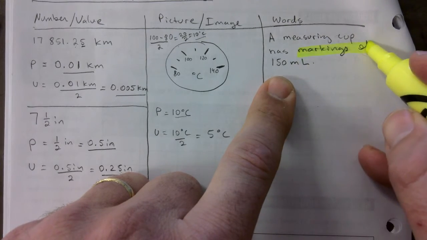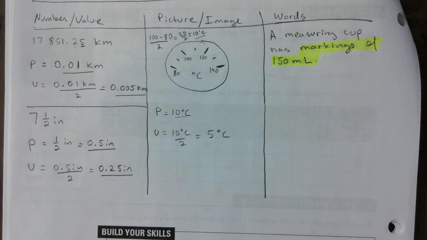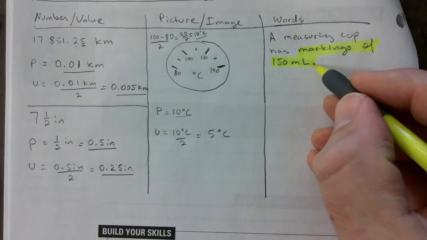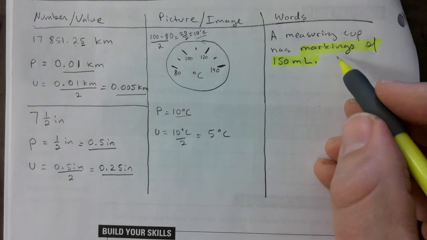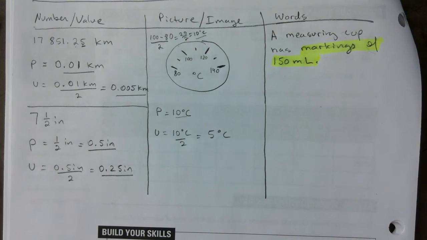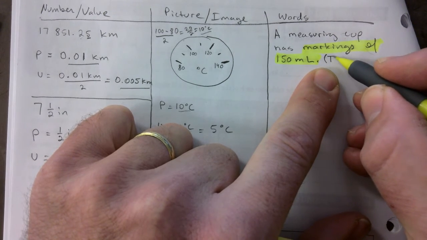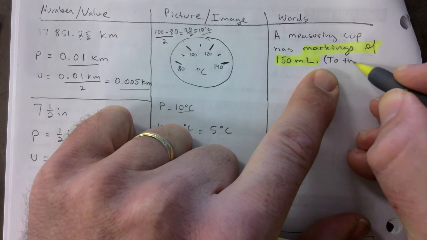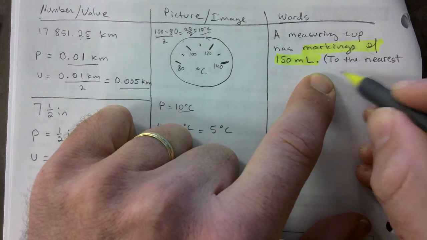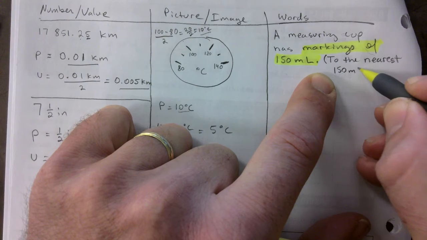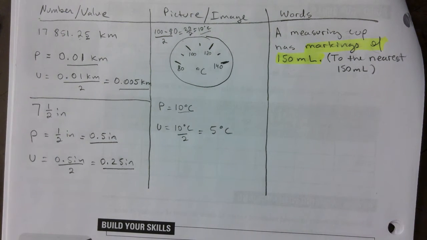Markings of 150 milliliters. That is, if you see markings or to the nearest, how about this? I'm going to add that because sometimes, write this down because it's important, to the nearest 150 milliliters. That's what this is saying, that you can only measure to the nearest 150.